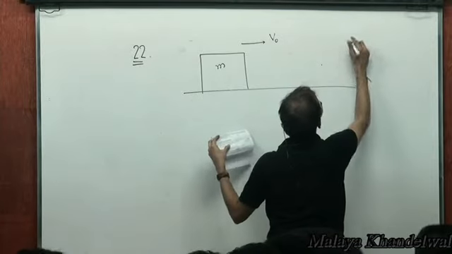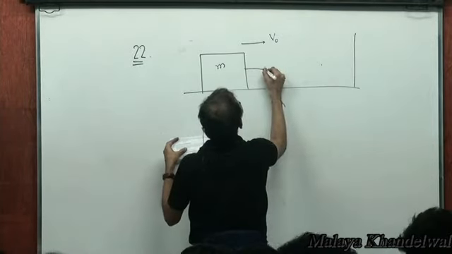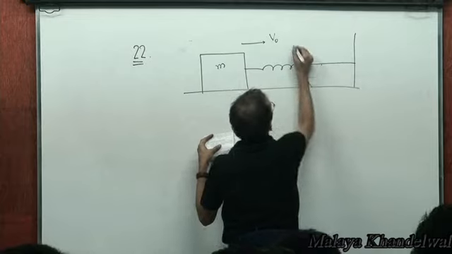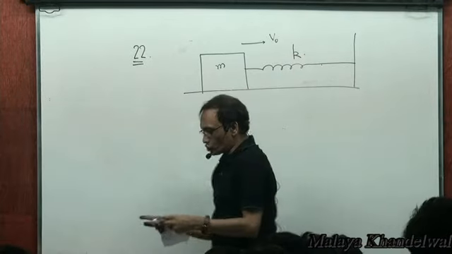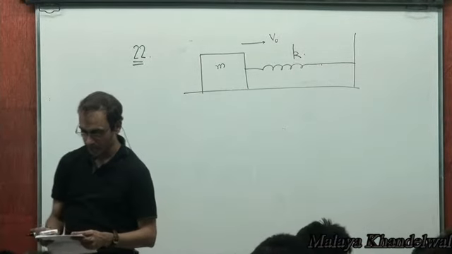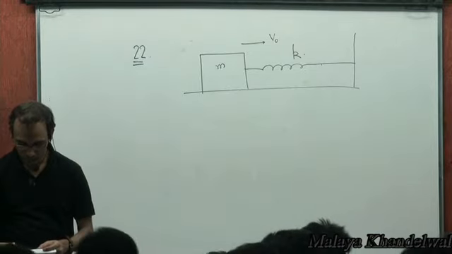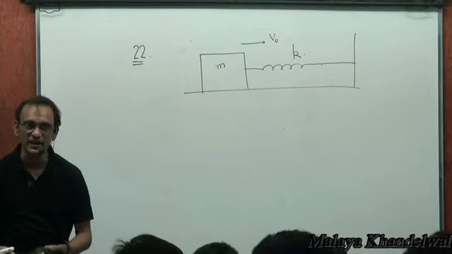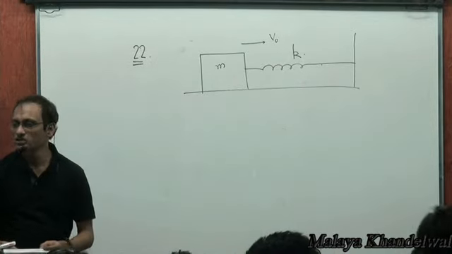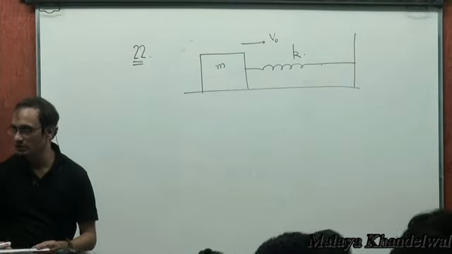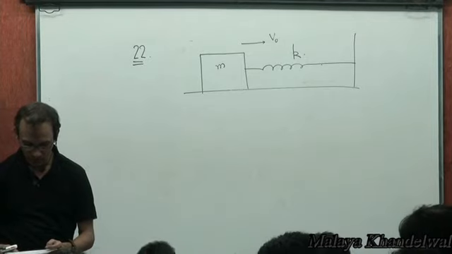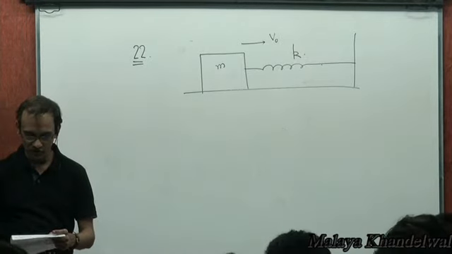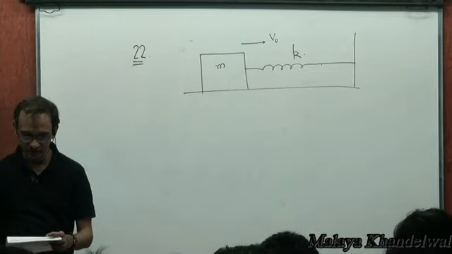Mass M, spring with force constant K. This mass compresses the spring and eventually comes to rest. The spring retards the mass and the spring eventually comes to rest. There are two observers, A standing on the horizontal surface, B.